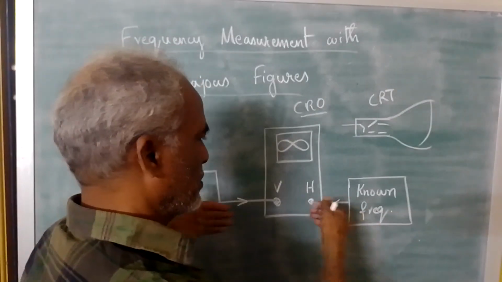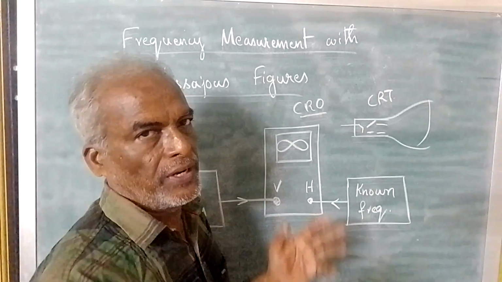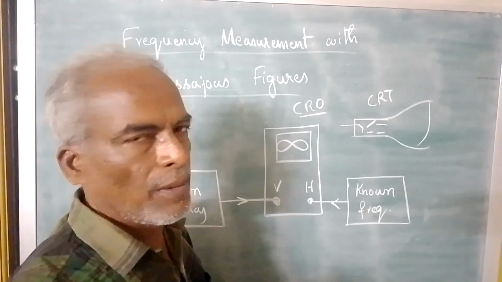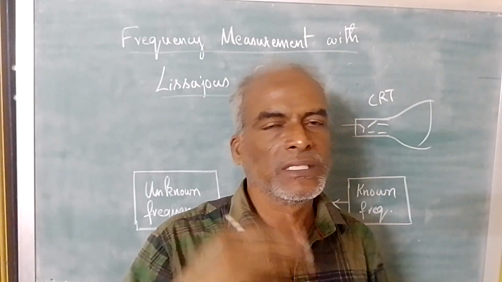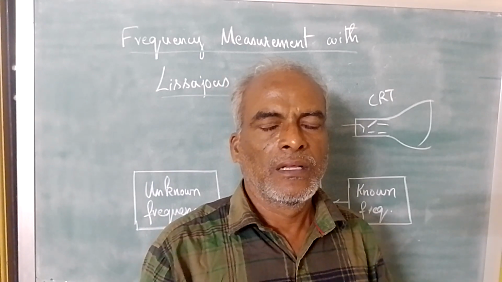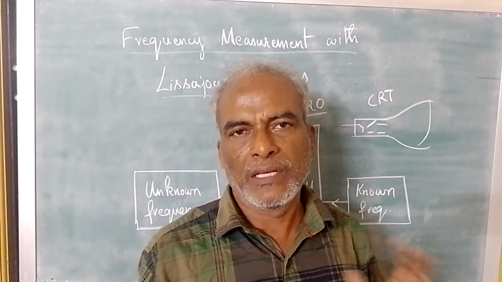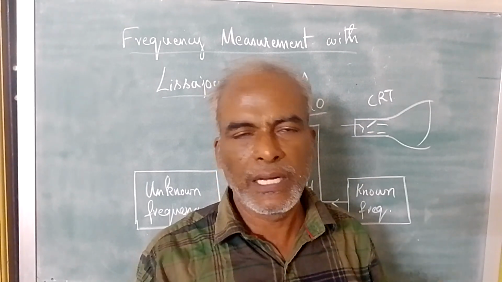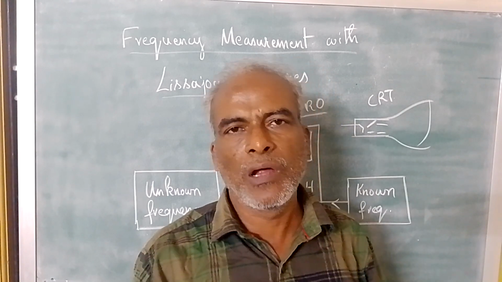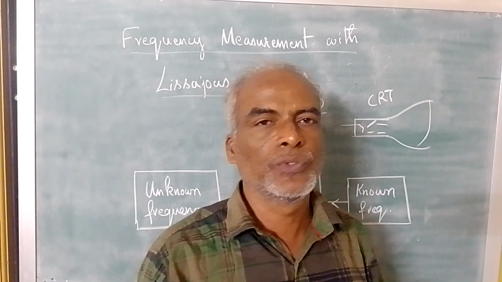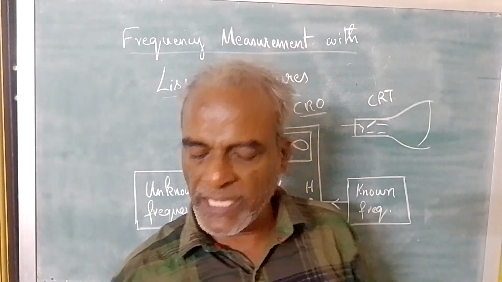If these two frequencies are given, you can see some pattern on the screen. You see a regular pattern if the frequencies are multiples. Otherwise, you see random, motion-like patterns, so we are not comfortable enough to record those values. So this is the basic idea.